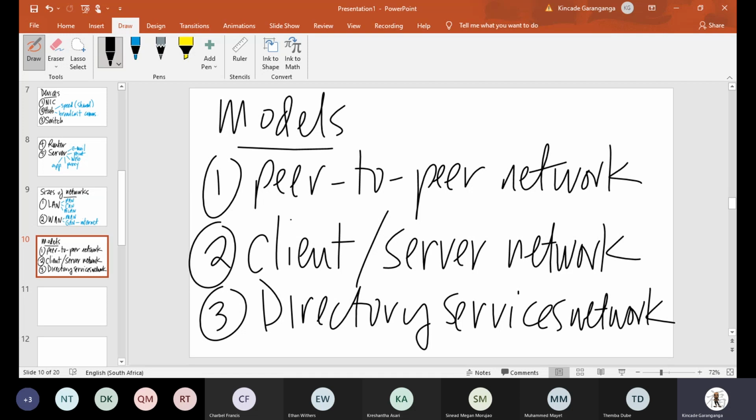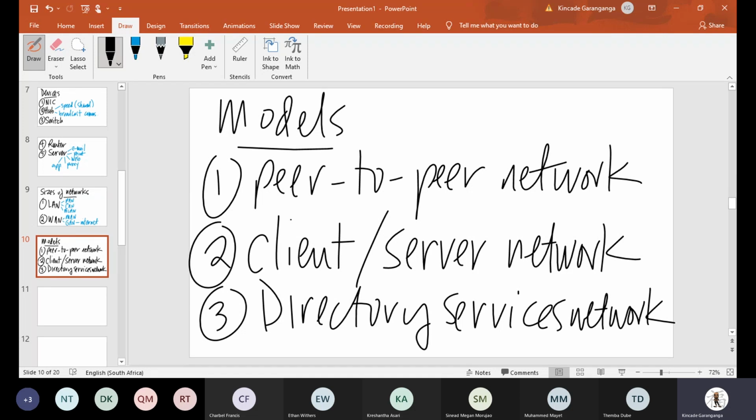Obviously, when it comes to the software, just remember that you've got your client operating systems, which are normally installed on the client PC. Typical examples would be Windows 10. Then the server operating system, which is installed on the server, is also known as a network operating system, or NOS, with Windows Server 2012 and 2016 as distinctive examples.